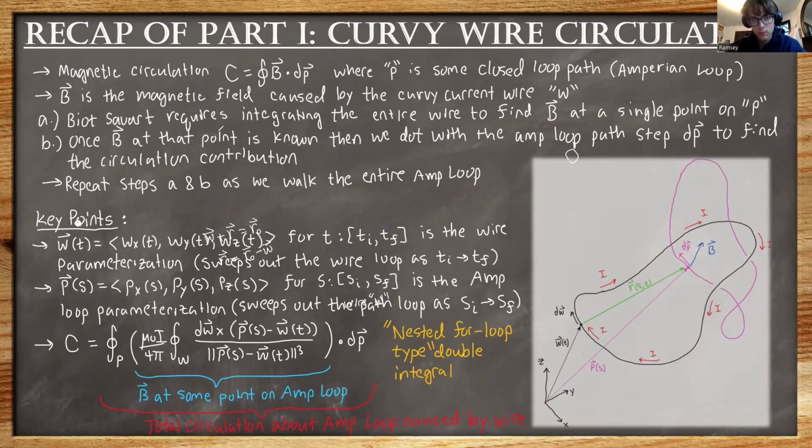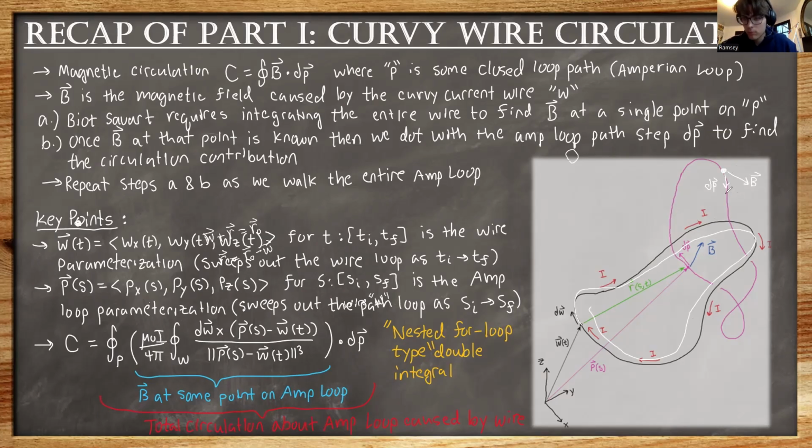B is the magnetic field caused by the curvy current wire W. But Biot-Savart requires integrating the entire wire to find a single B value at some random point P on the amp path. So you pick any point you want to start on the amp path. Maybe it's this point. You integrate the whole wire to figure out what the B field is at that point. Then you dot it with your little displacement along the path dP to figure out how much is that B in alignment with my path.